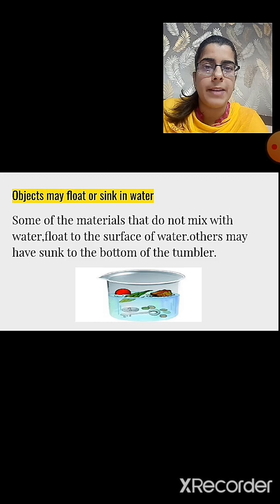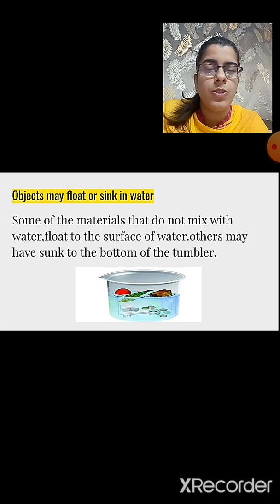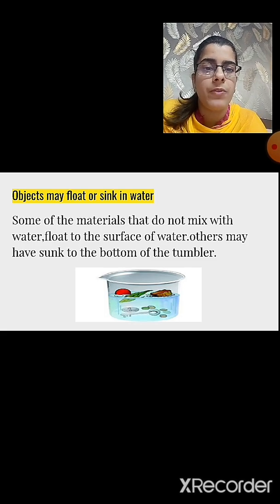Now, objects that may float or sink in water. Some of the materials in the image are floating in water while others have sunk in the water. So, why does this happen? You can observe that a plastic ball, a leaf, and a wooden block float in water while a key or metal coins sink in the water.